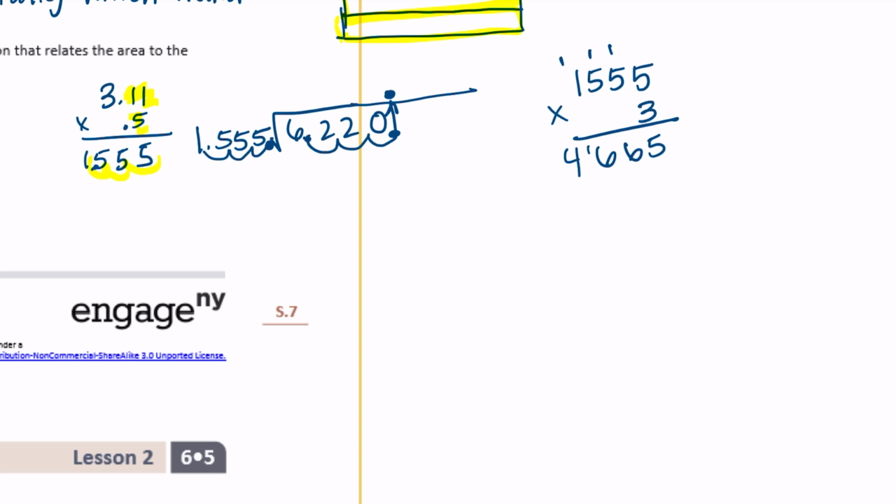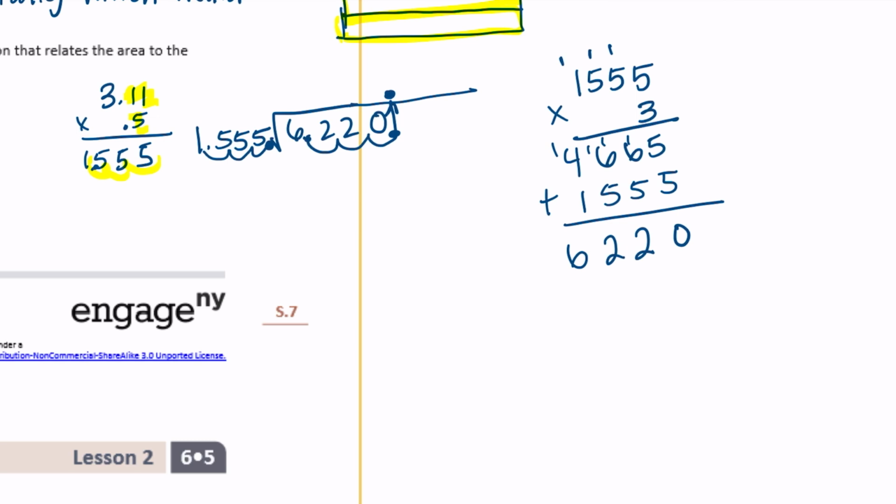Let's see if we can add another 1,555 and see if it'll get us close to 6,220, a little less, or over. Okay, that's 10. Carry the 1. 1 plus 6 plus 5 is 12. Carry the 1. That'd also be 12. 1 plus 4 plus 1 is 6. So we get exactly 6,220.